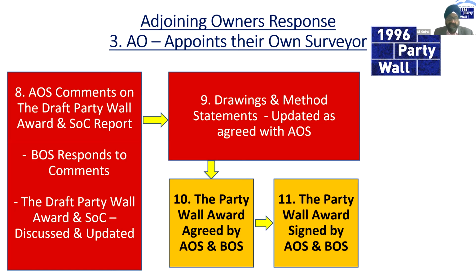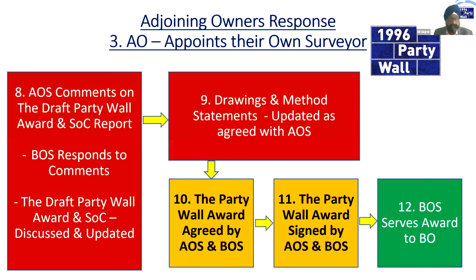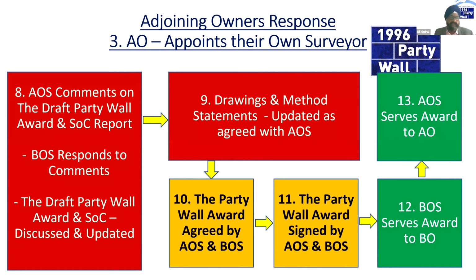So I've had occasions where building owners are trying to give me an instruction because they think it's a client relationship. It's actually not. It's a statutory appointment, and I have to do the right thing under the act. It's quite important to understand that. So the building owner surveyor serves the award to the building owner in this setup, and the adjoining owner surveyor serves the award to the adjoining owner.